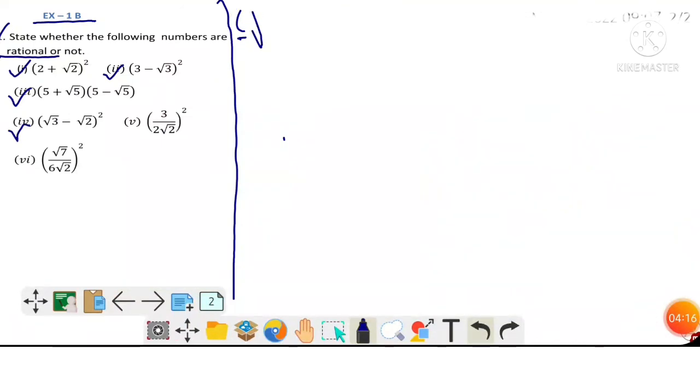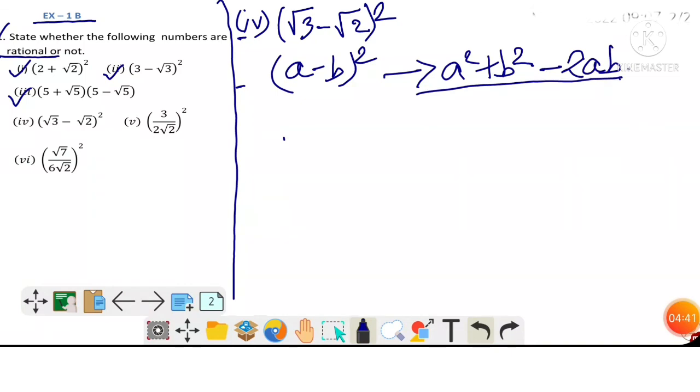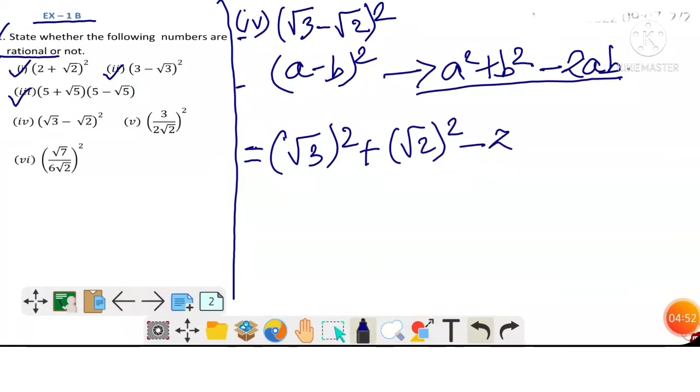Next, question number 4. Root 3 minus root 2 whole square. It is in the form a minus b whole square. The formula is a square plus b square minus 2ab. So here a is root 3, b is root 2. We can write root 3 square, a square, plus b square means root 2 square, minus 2 into a is root 3 into b is root 2.